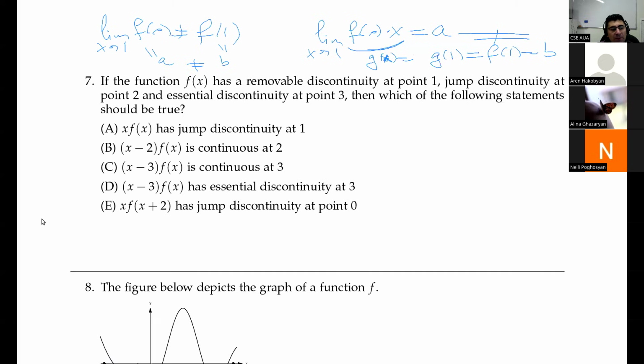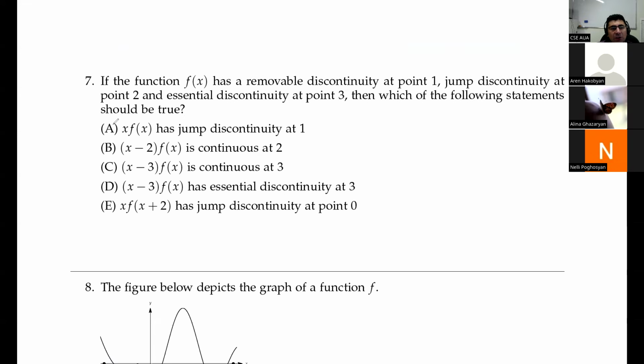So we can say for sure x times f of x again has a removable discontinuity, not a jump, because the limit exists. So A is wrong, because to get a jump discontinuity, we have to get some finite limit from the right side, but different from the limit of our function from the left side.